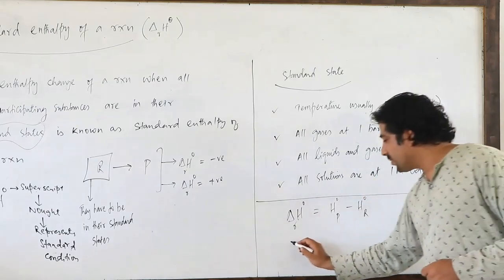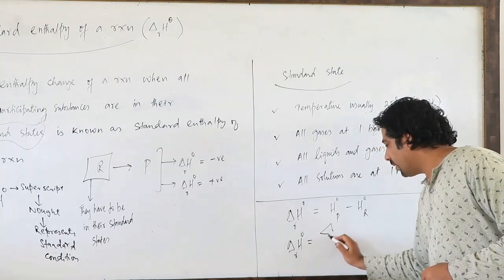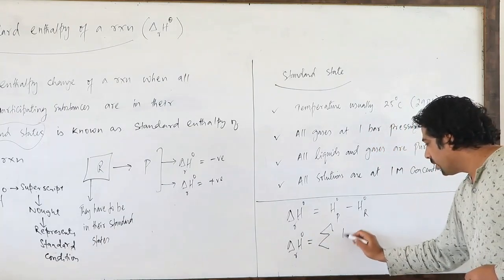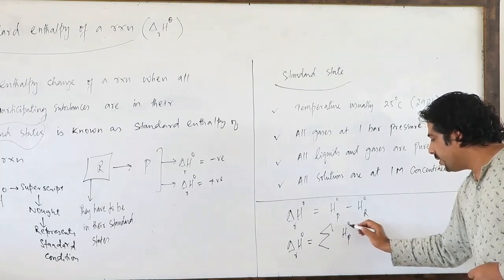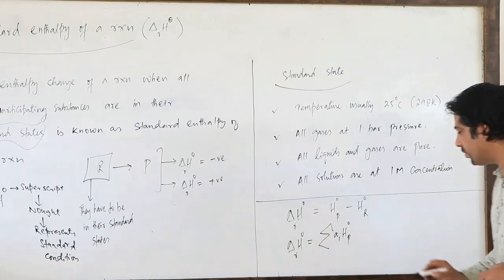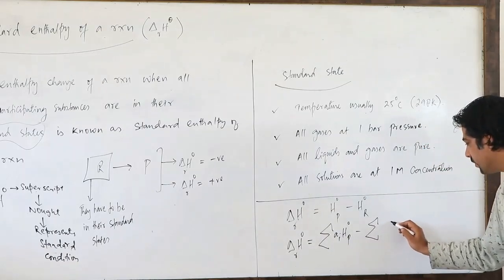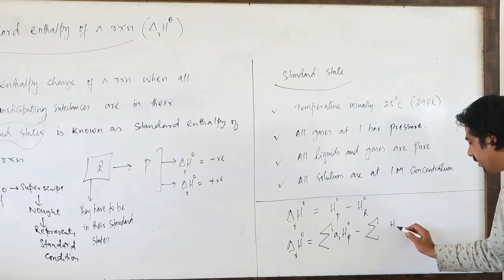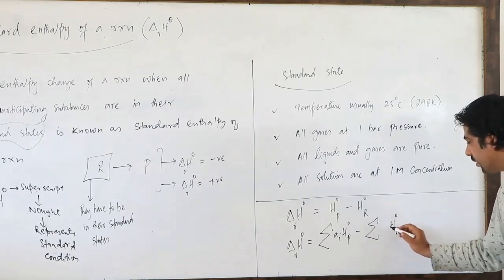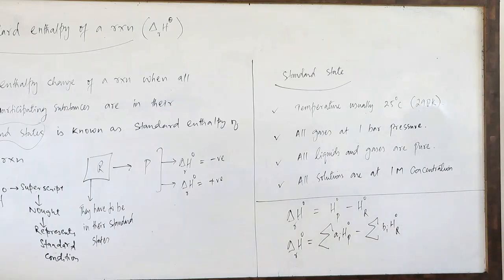You can mention also like this, delta HR naught is equal to the sum of the standard enthalpies of products multiplied by stoichiometric coefficient minus the sum of the standard enthalpies of reactants multiplied by the stoichiometric coefficient. This way also you can express it.